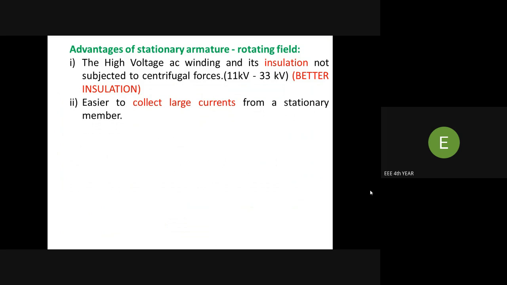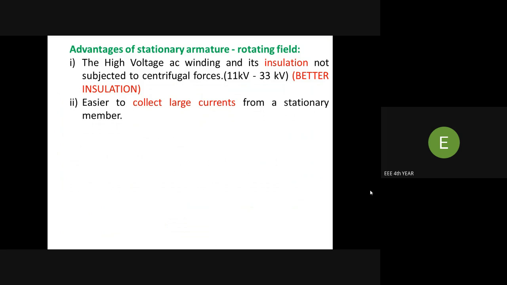The second advantage of the stationary armature and rotating field system is that it is easier to collect large currents from the stationary part, that is, the stationary armature winding. It is very easy compared to the rotating part, because for the rotating part we need commutator and brush arrangements, and only a small amount of voltage and current is taken from or given to the rotating part.